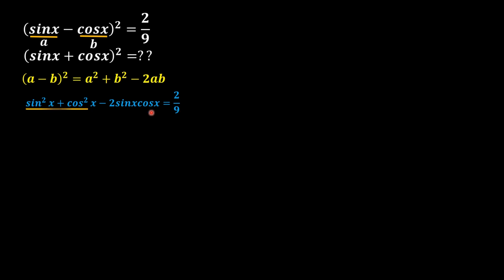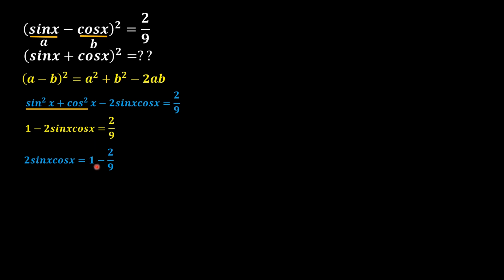Now from the trigonometric identity, sin square x plus cos square x is equal to 1, so I will insert 1 here, and minus 2 sin x cos x equal to 2 over 9 will remain the same. In the next step, this minus 2 sin x cos x will move to the other side of the equation and convert to a positive sign, and this 2 over 9 will move to the other side and convert to minus 2 over 9.